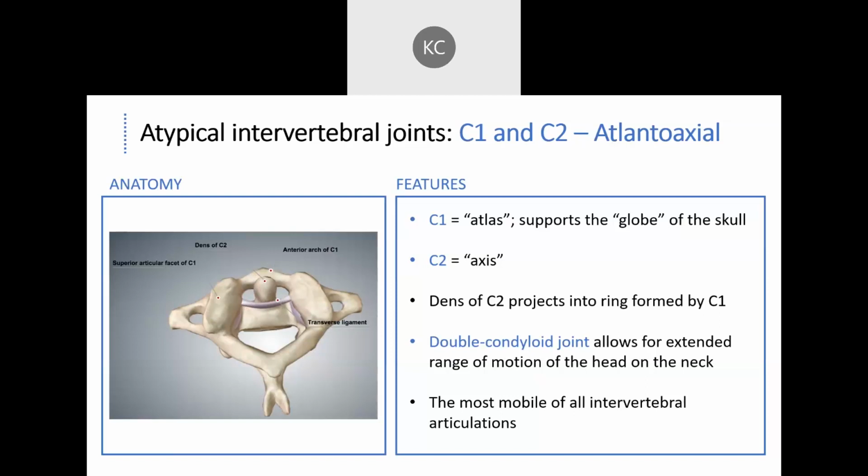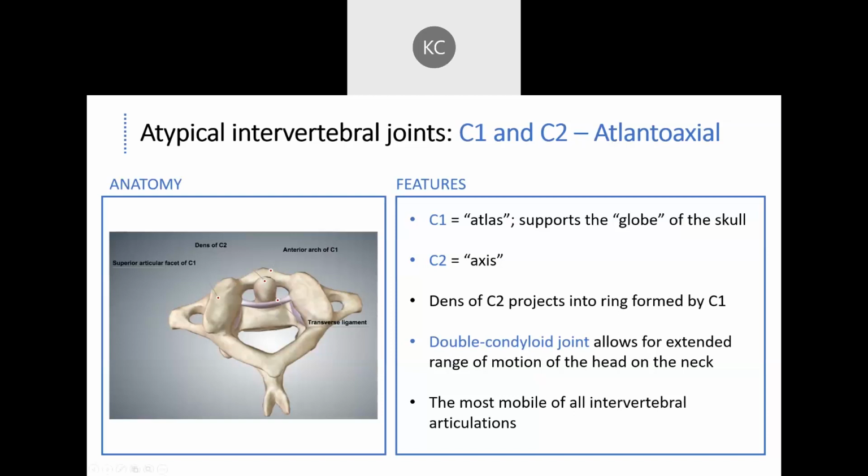So if you shake your head side to side to indicate no, you are using your atlantoaxial joint, right? This is a very mobile joint. It is diarthrotic, and it is the most mobile of all the intervertebral joints, right? So you can obviously move your head side to side more than you can move the individual joints or individual articulations between the remainder of your vertebrae, all right?